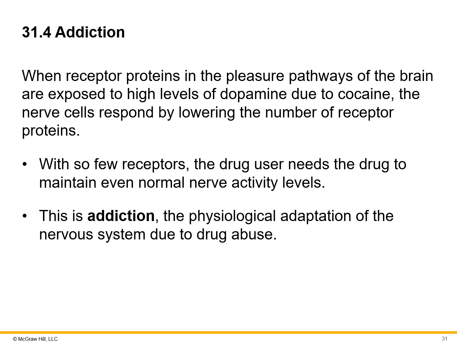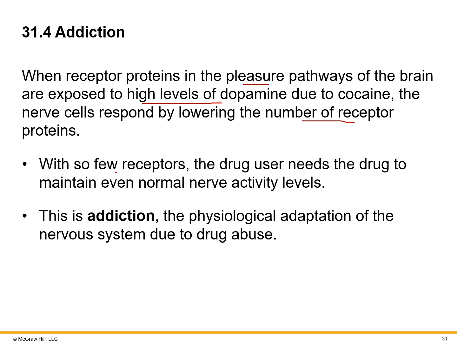So when those proteins in the pleasure pathway are exposed to high levels of dopamine, which cocaine absolutely releases huge amounts of, as do most addictive drugs, the cells are like, if you're going to give me this much dopamine, I'm going to stop paying attention to you. So they lower the number of dopamine receptors.